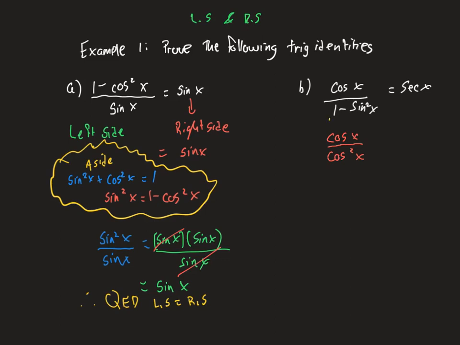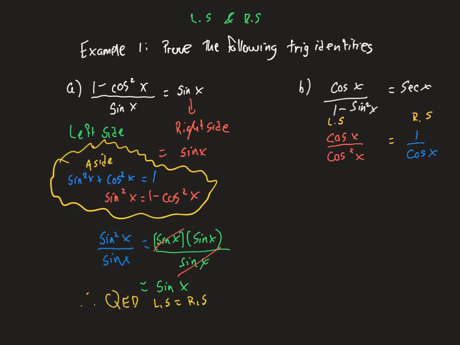So again, remember this is your left side. As for my right side, well, what's secant x? Well, secant x is the same thing as saying 1 over cosine x. Can't do anything more on my right side, so I'm leaving that alone now.